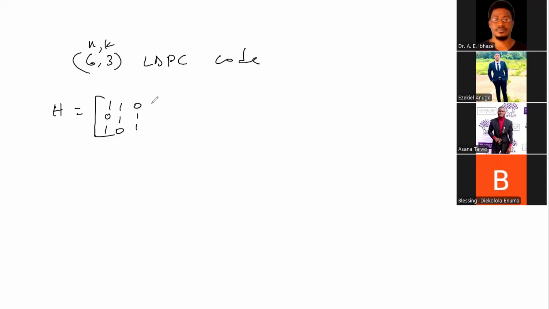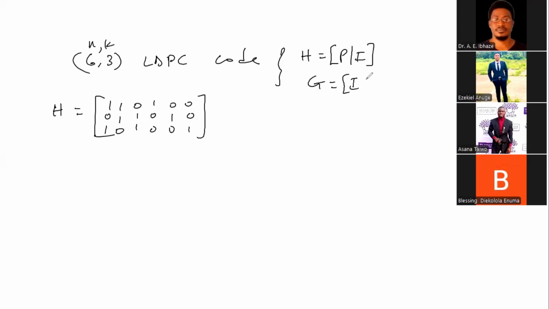And then we know that we have the identity matrix, 1 0 0, 0 1 0, 0 0 1. From this, we already know, based on the formulation, that the parity check matrix is the parity and the identity matrix, whereby the generator matrix for this will be the identity matrix and the transpose.